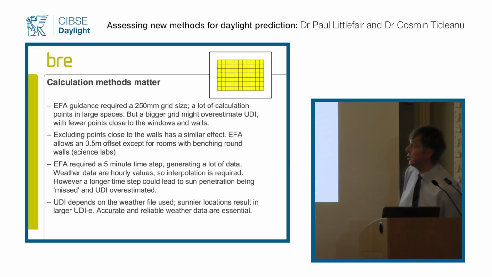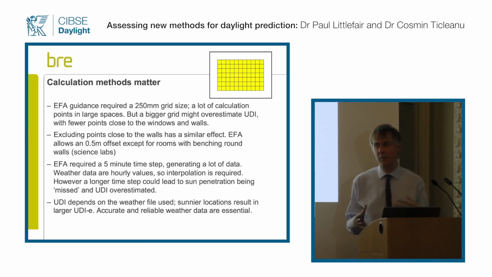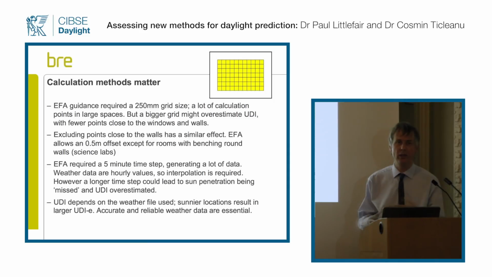And the Education Funding Agency allows this. It allows a 0.5 metre offset on the basis that children aren't going to be working really close to the walls. And this is quite a reasonable assumption, because of course you're not going to have some poor kid trying to read their school book really close to a wall.